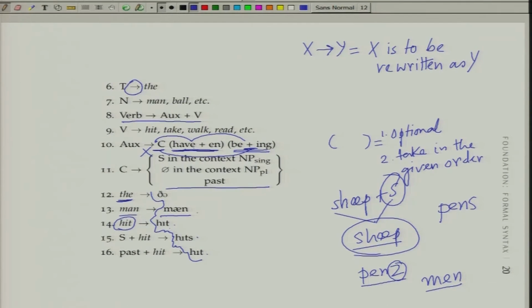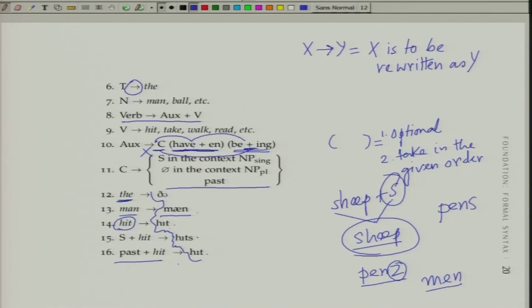These are combination rules which have abstract words on the LHS and have real words having speech sounds on the RHS. So, this is the combination of abstract words past and hit. This is the past form of hit, which is actually hit.